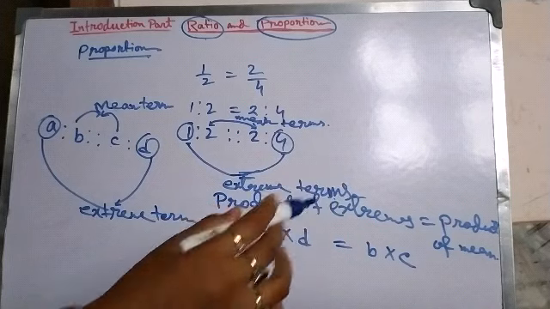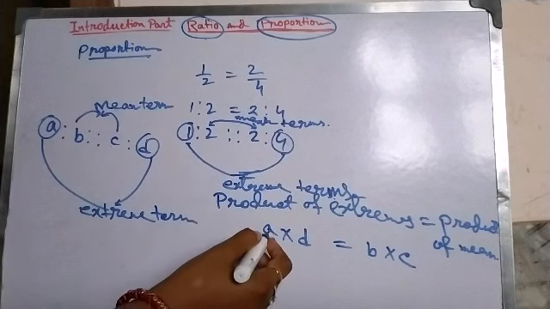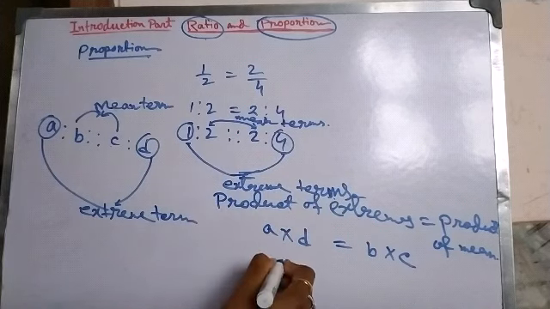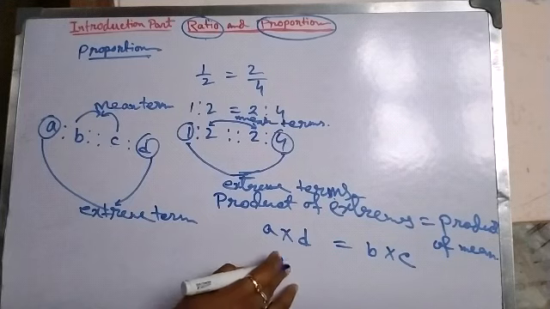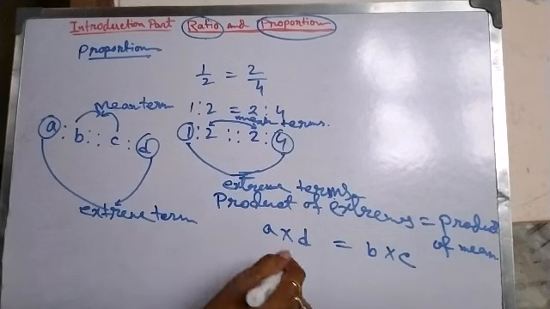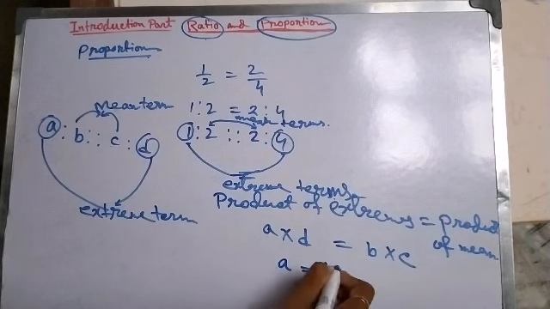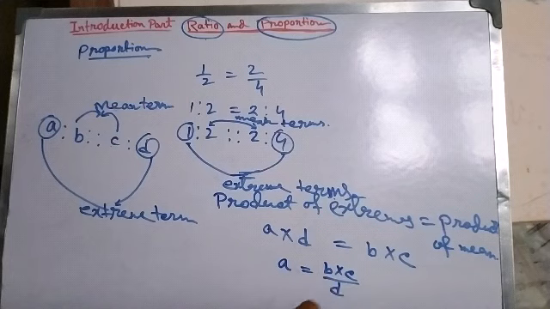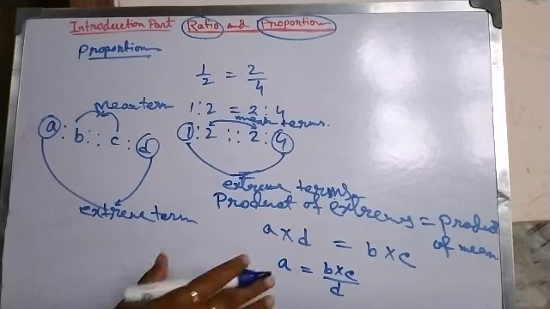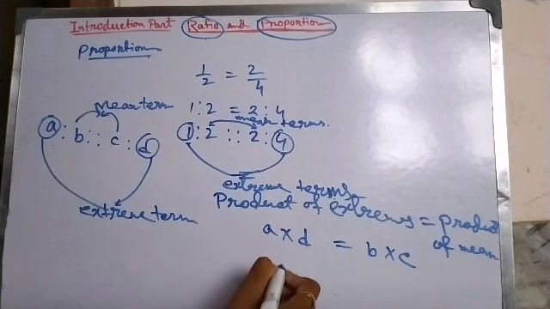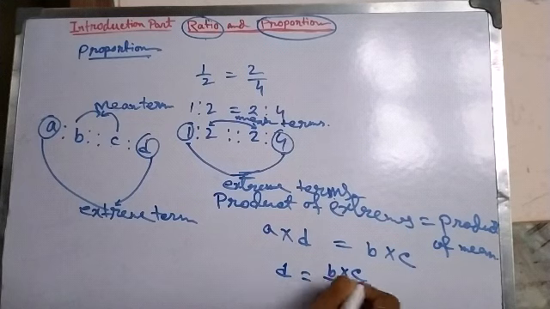And to find out the value of any one term, we have to fix here this A. I want to find out the value of A, so we fix A, then B into C divided by D. Then we will get the answer of A. That is the way. If D is not given, then we have to fix here D. Then to find the value of D, B into C by A. That will be the process.